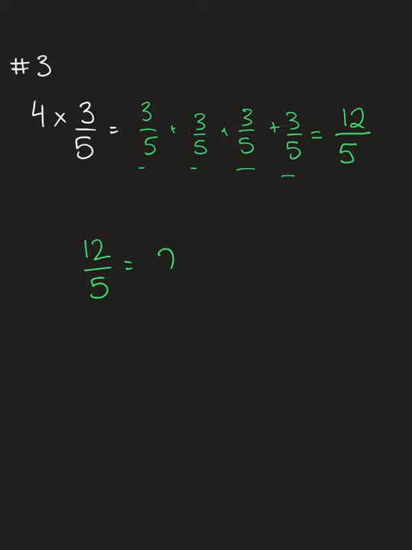There's 2 groups, so we're going to write a whole number 2, and that will take up 5. So what fraction do I have left over? 2 and 2/5, because this 2 is like the 10 out of 5 plus 2 out of 5. So that's how we can simplify it, just to review going through a mixed number.